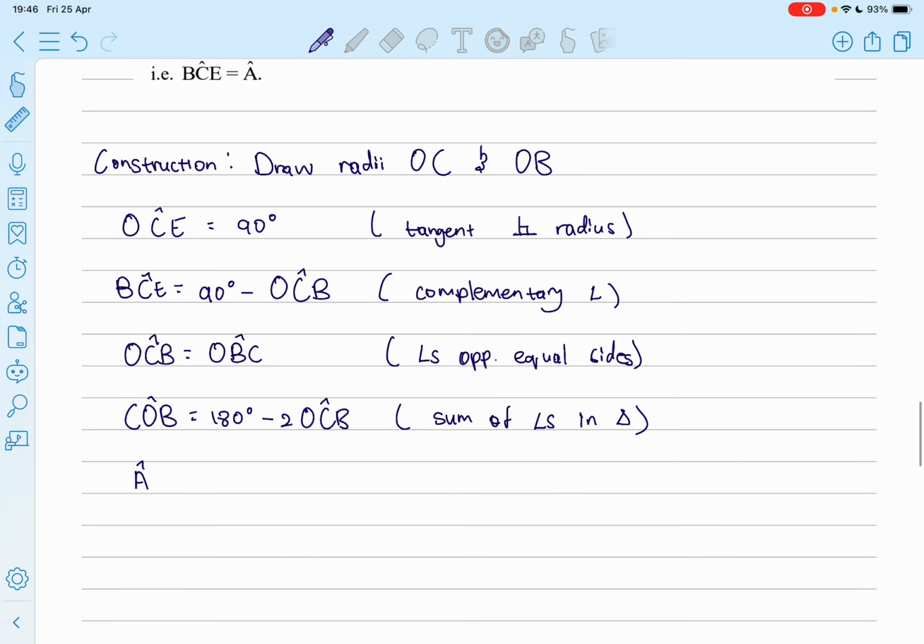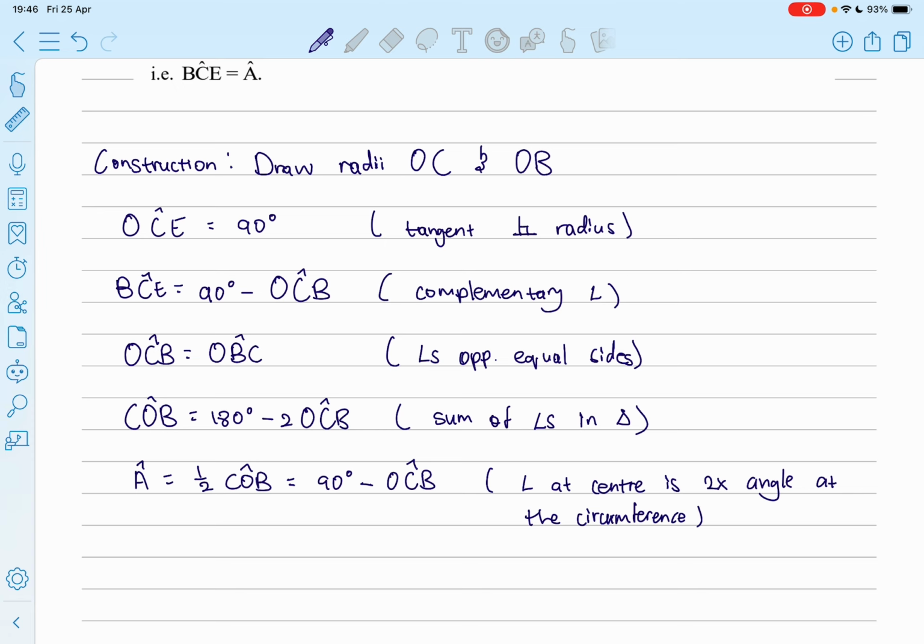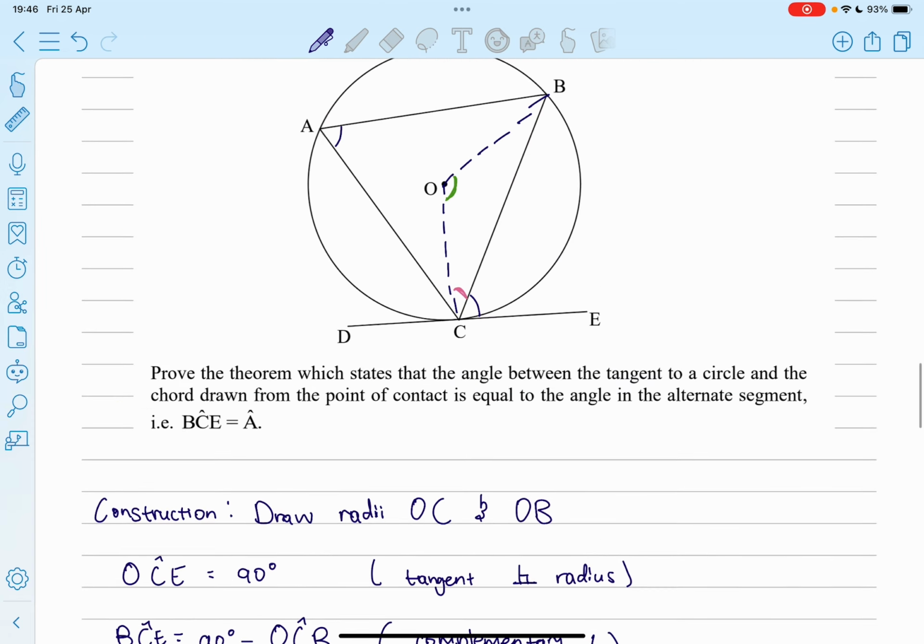So angle A will be equal to half COB, which equals 90 degrees minus OCB, because angle at center is 2 times angle at the circumference.